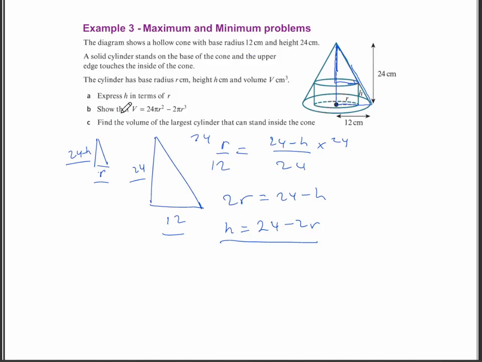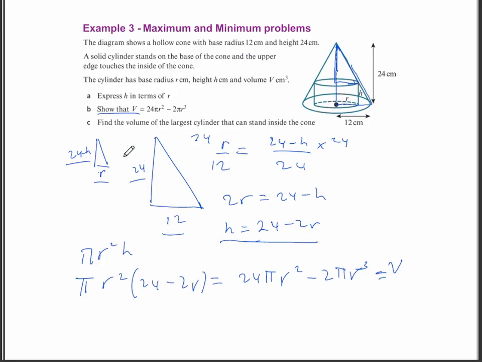Then to show the volume of that cylinder, remember it's going to be pi r squared h. But our h is 24 minus 2r. So we're going to have pi r squared times 24 minus 2r, which is going to give us 24 pi r squared minus 2 pi r cubed, which is what we wanted to show was v.